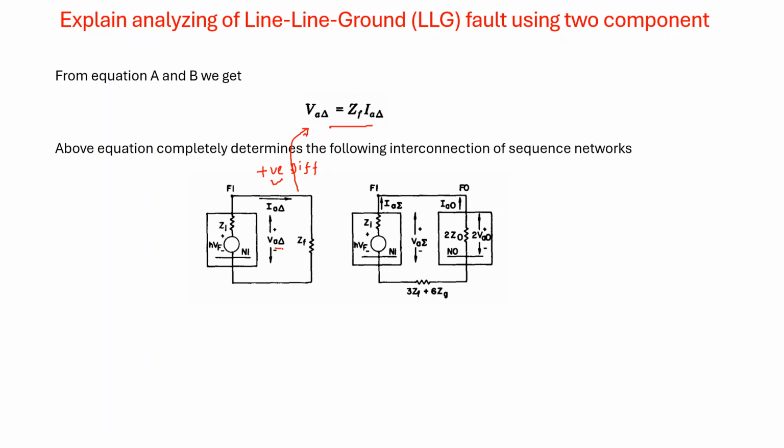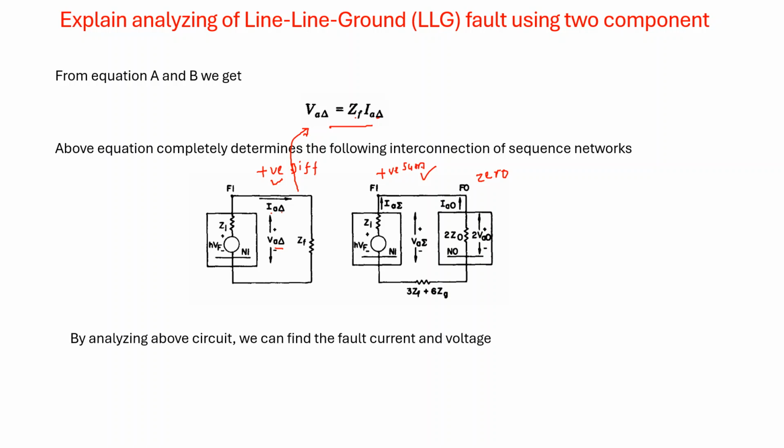So VA delta is equal to ZF into IA delta. Okay, and this network says that this is the zero sequence network and this is the positive sum network. They are connected in parallel.